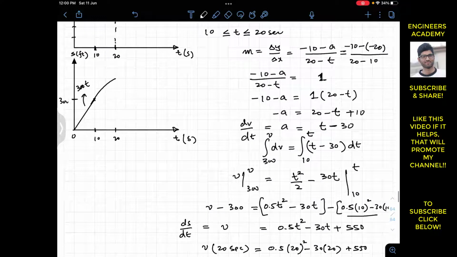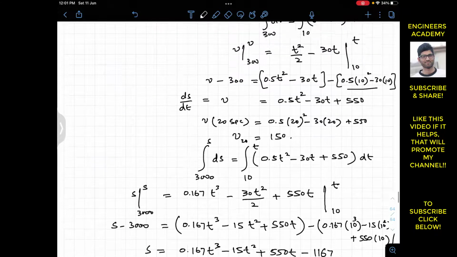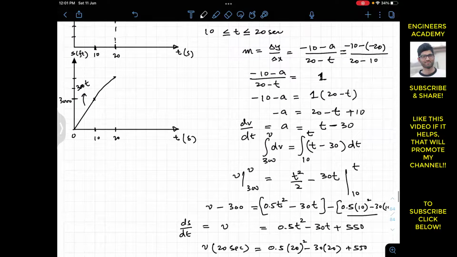So this is 3000. So this is 4000, 5000. So let's say that somewhere here is 5169. So the graph will look like this, and this value is 5169.